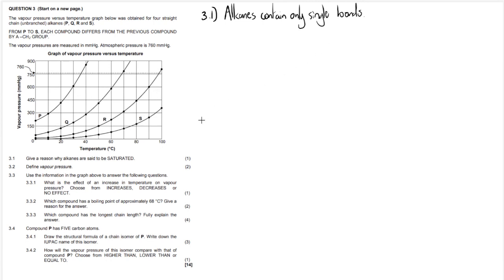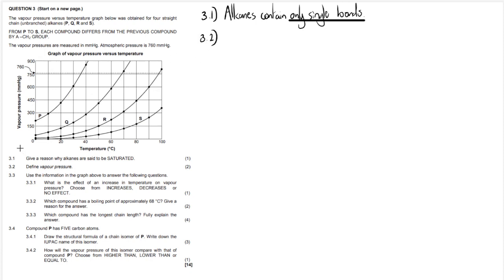Some may be saying that they have no double or triple bonds. But I think the most important part here is the word only. Only single bonds, or only or no double or triple bonds. But please make sure we have that word only, otherwise it's not a complete reason.